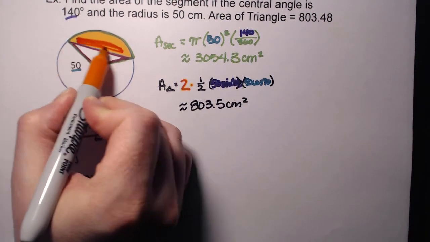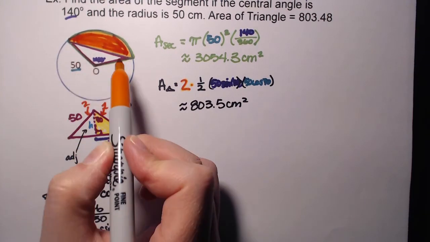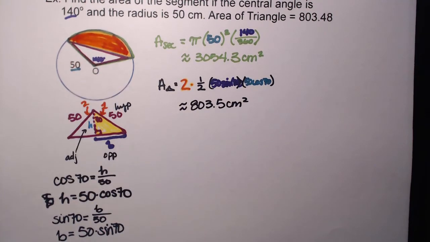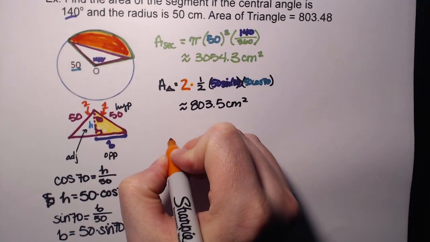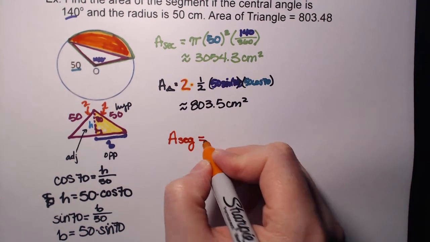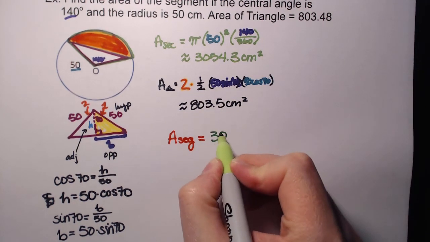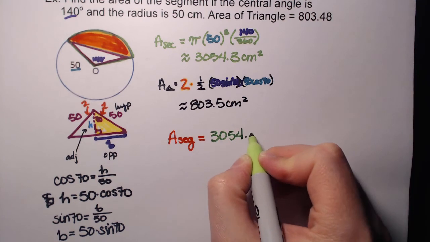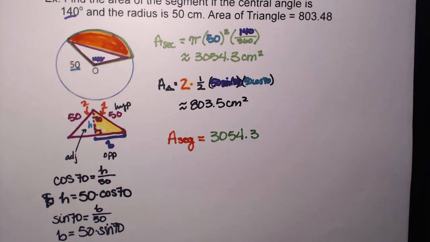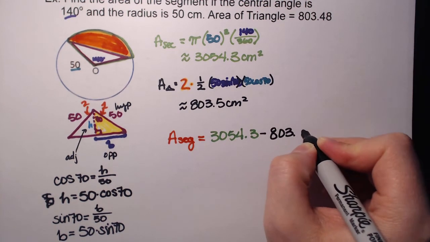Okay, so if that is the area of the triangle, then I can find the area of the segment by taking the area of the sector and subtracting out this triangle right here. So I'm going to take area of the segment is equal to 3054.3, so 3054 and 3/10, and I'm subtracting 803.5.